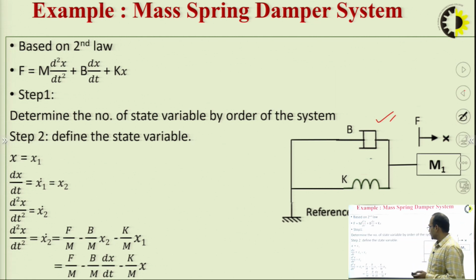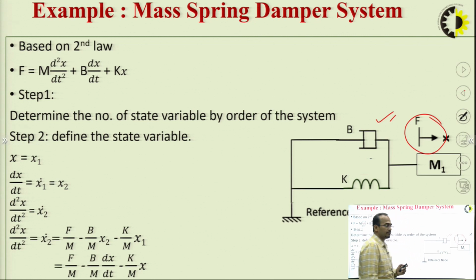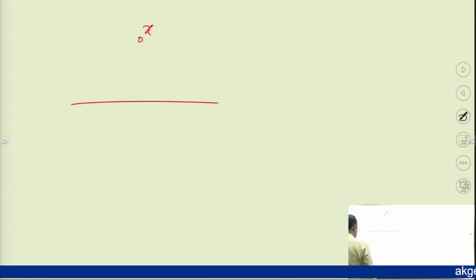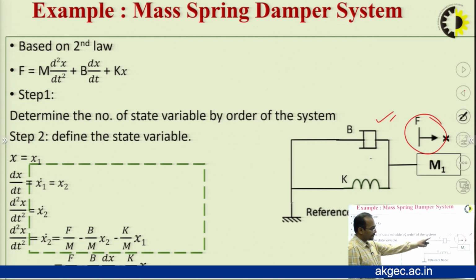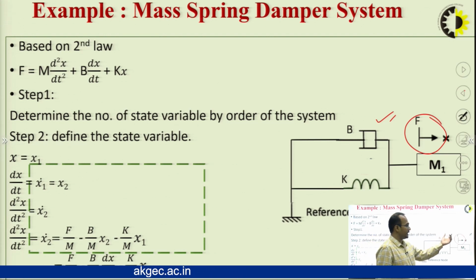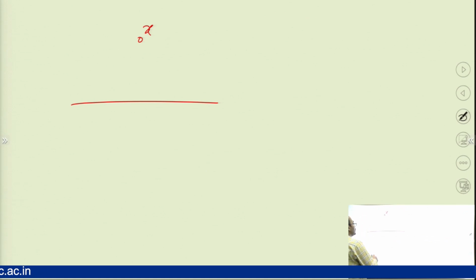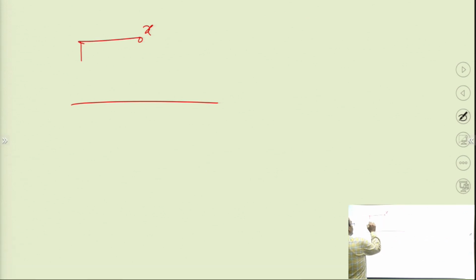So how will you draw this? I have already discussed. First you have to identify the number of displacements. The number of displacements will be equal to the number of nodes, and you will also consider the principal node. So the number of displacements is 1, so I will consider only one node. So I have considered x. The direction of force will always be towards the node. So you have to make the force F, and the direction of force will be towards the node.